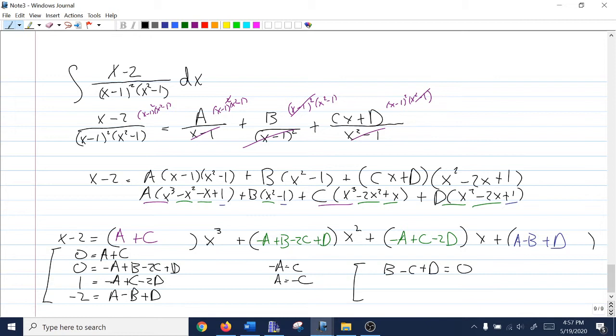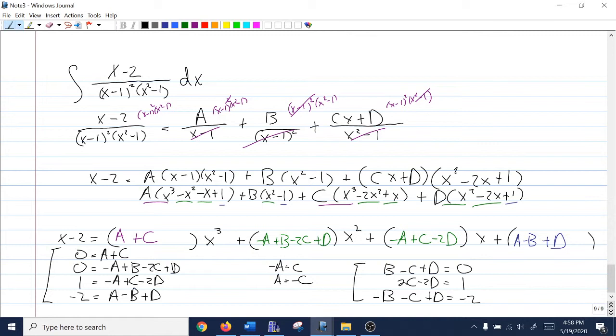Negative a is c, so this is c plus c makes 2c, minus 2d equals 1. A is becoming negative c, so that third line becomes negative b. A is now negative c, plus d is negative 2. 4 equations, 4 variables has now turned into 3 equations, 3 variables.